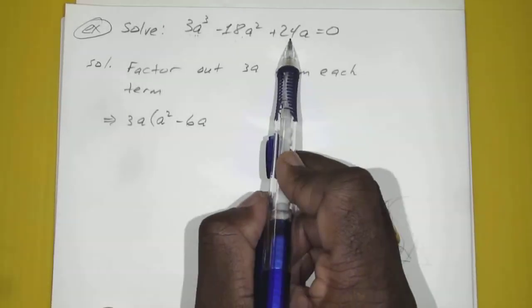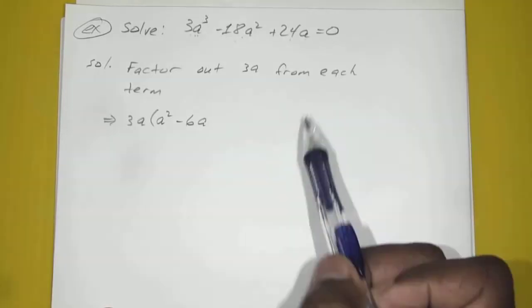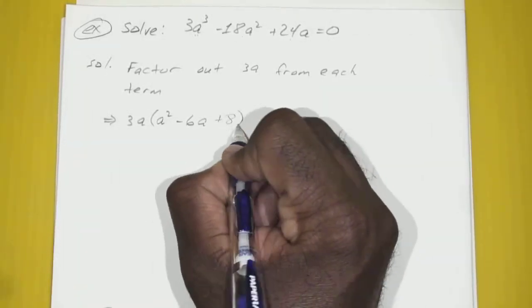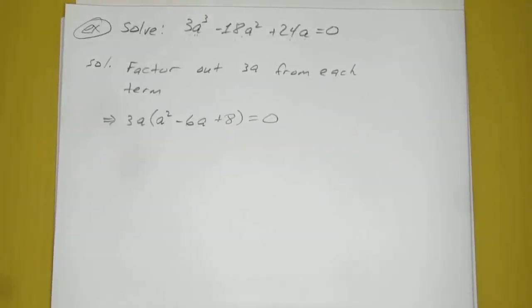And 3a times 8 will give us 24a equals 0. And you can always distribute it to double check and make sure you factored it correctly.